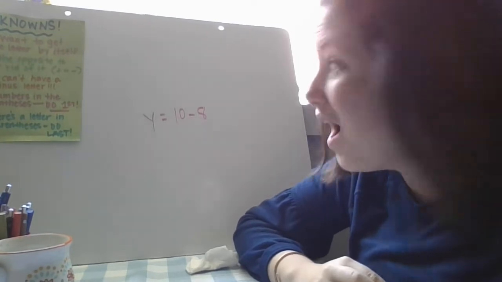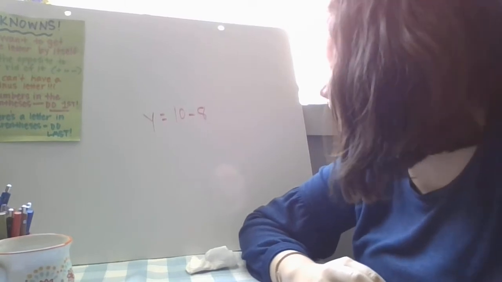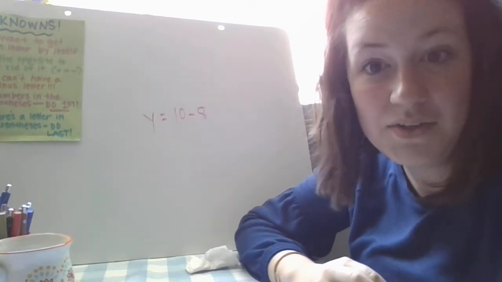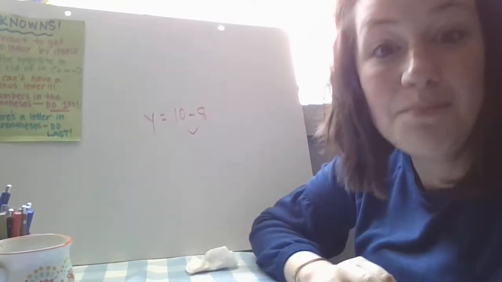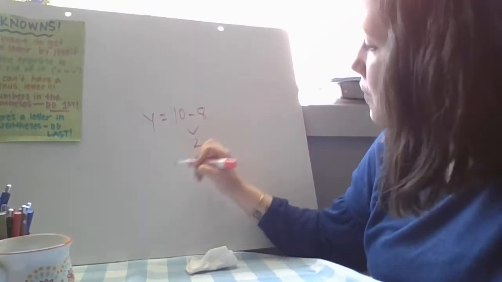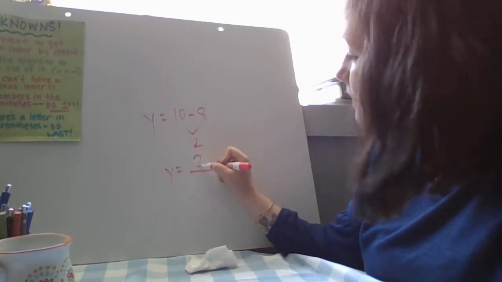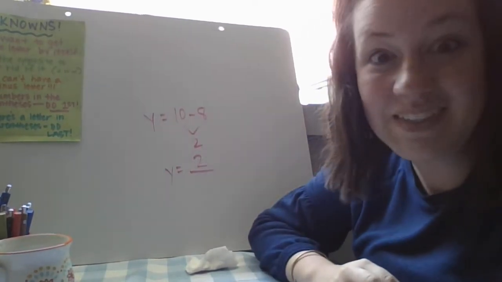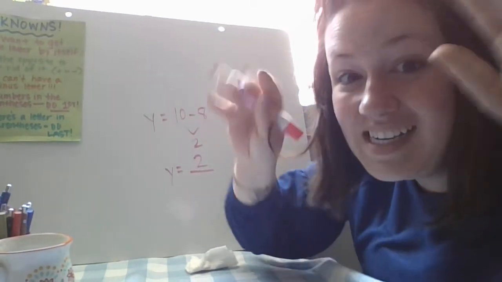And here, y is already by itself. Y equals 10 minus 8. So since y is already by itself, all we have to do is this. What is 10 minus 8? 2. So we know that y equals 2. So anytime you already see that letter already by itself, that can be a clue. Ding, ding, ding, ding. That's an easy one.